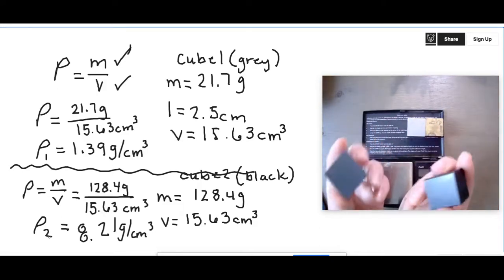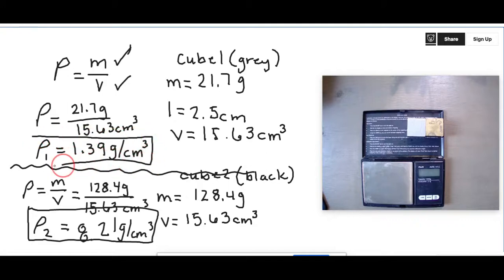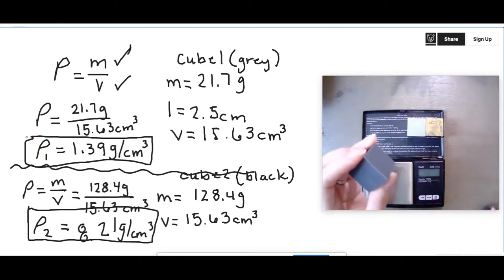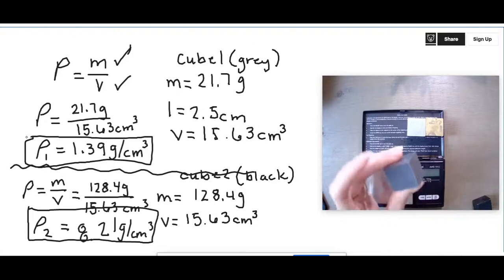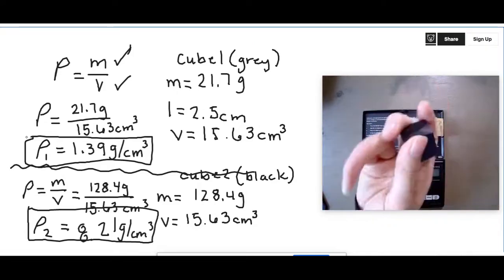Now we can tell from our density calculations that indeed the reason why this is so much heavier is because whatever this material is has a much greater density than the density of the lighter cube, meaning that in this material, the matter is not as tightly compacted as it is here.